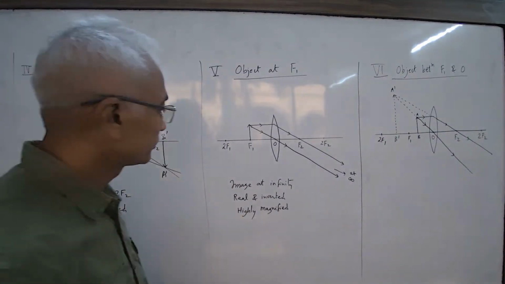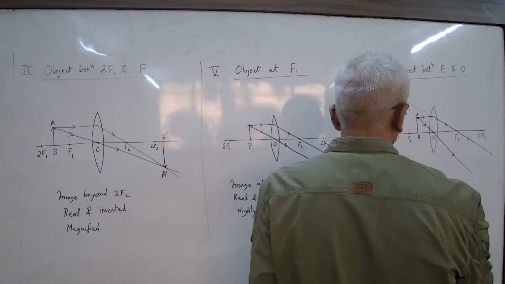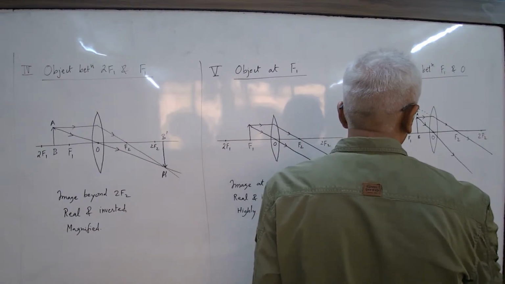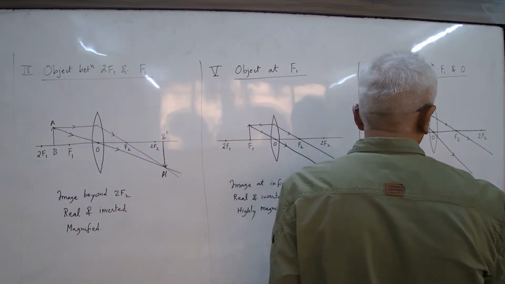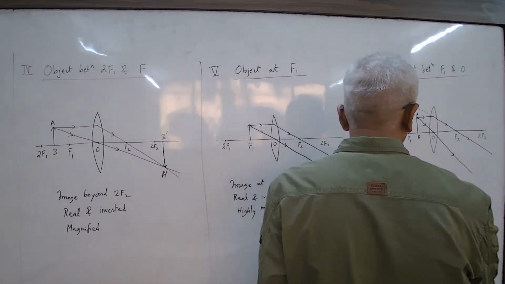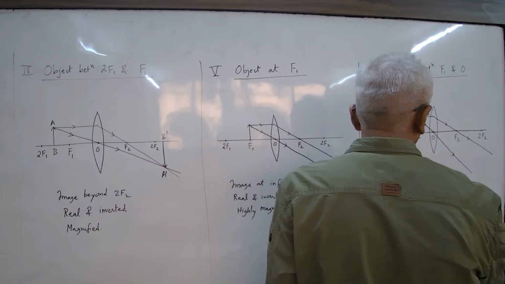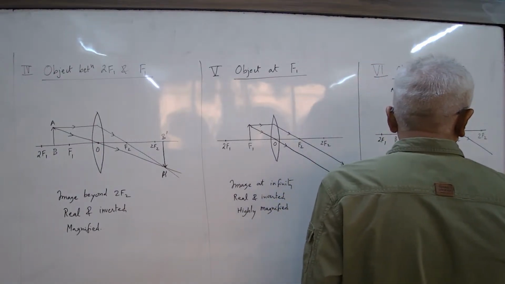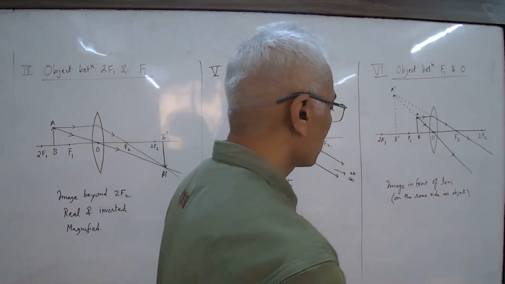So the image is formed in front of the lens.